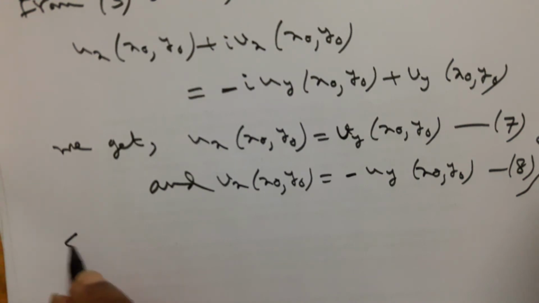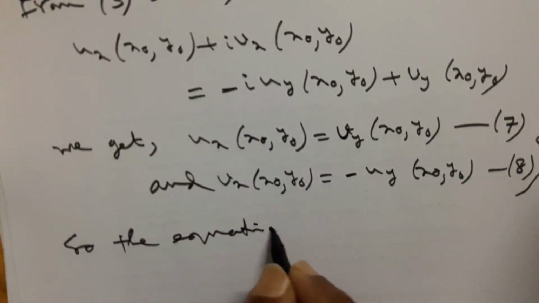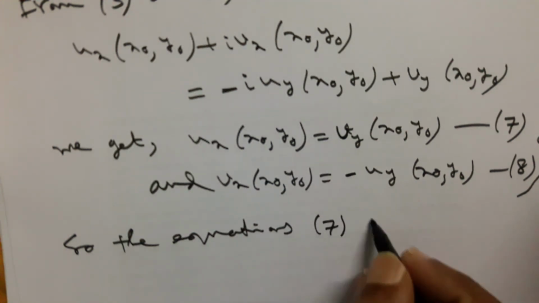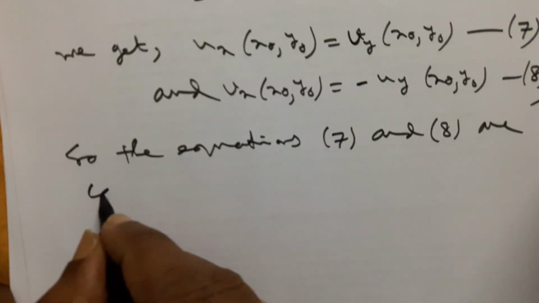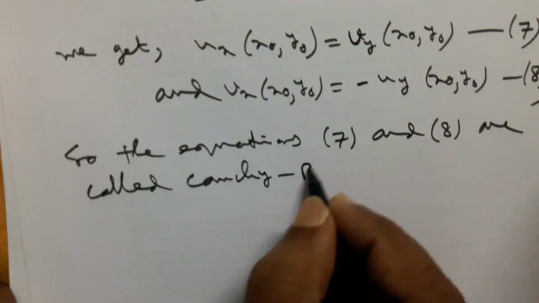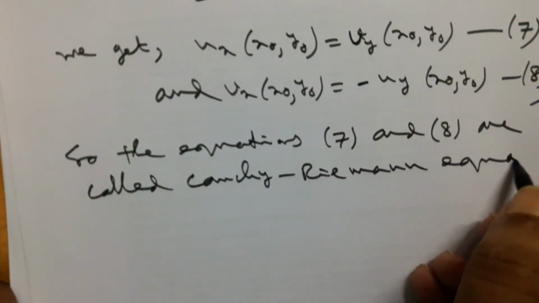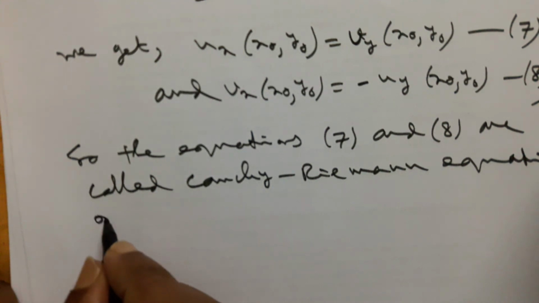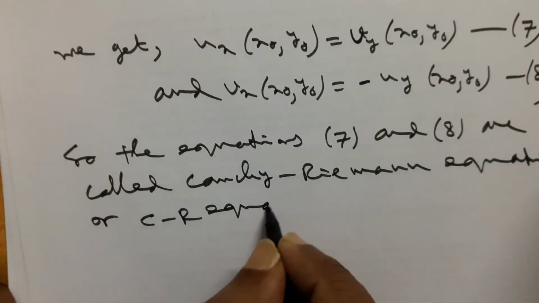So equations 7 and 8 are called the Cauchy-Riemann equations, or in short, CR equations.